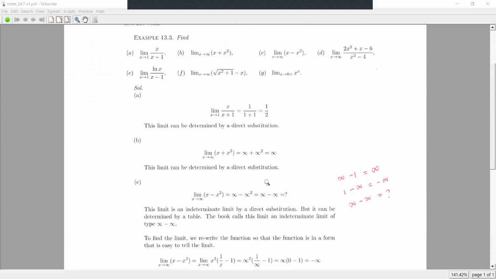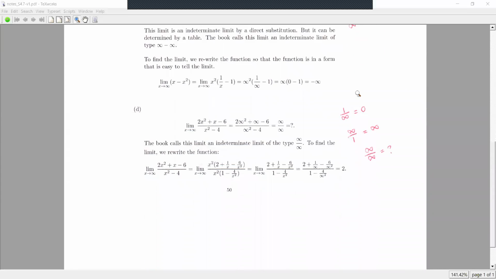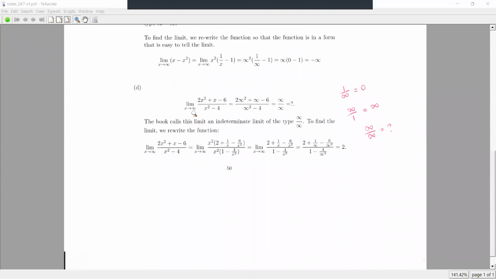Now the limit in D. When x approaches positive infinity, what number will this quotient approach? Again, I try direct substitution. Plug in infinity for x, then we get this. In the denominator, infinity squared minus 4 should be infinity.